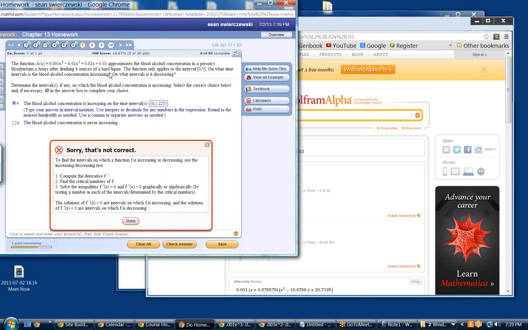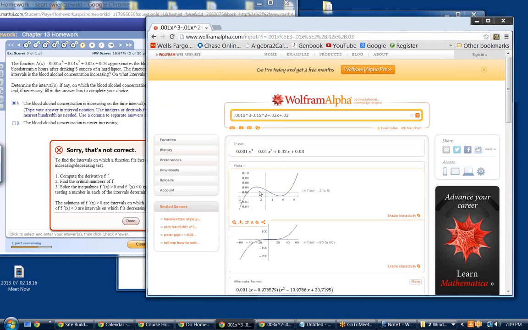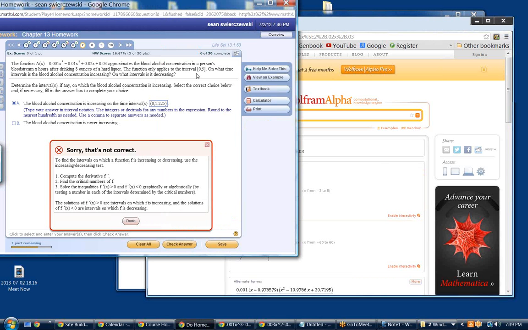I don't know. If you drink 8 ounces of hard liquor, this graph would indicate that your blood alcohol level drops from that time to about 5 seconds. Or 5 whatever, minutes, hours, I guess, 5 hours.